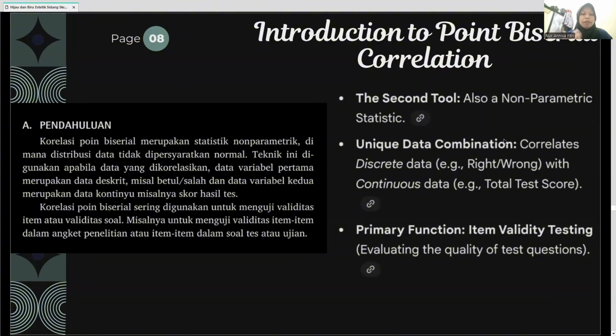It helps us evaluate test quality by correlating two different types of data: whether the student's answer is correct or incorrect, and continuous data, which is the student's overall test score. In short, it's like a detective to spot bad questions. So this is used for validating our test questions.